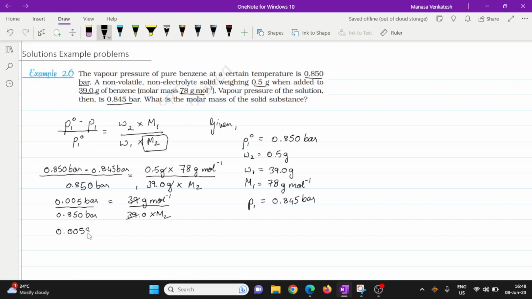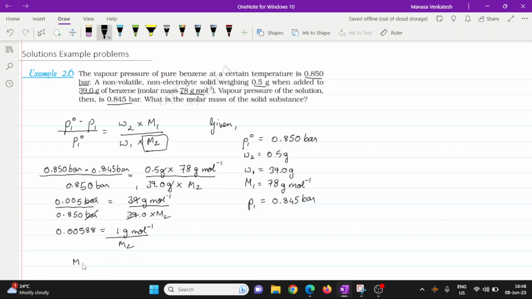0.00588, and here we can cancel bar and bar, and so that will not give us any units, is equal to 1 gram per mole divided by M2. Now we can just switch these two up.